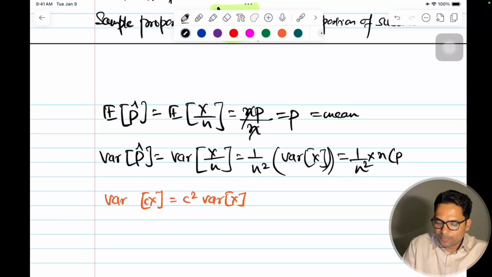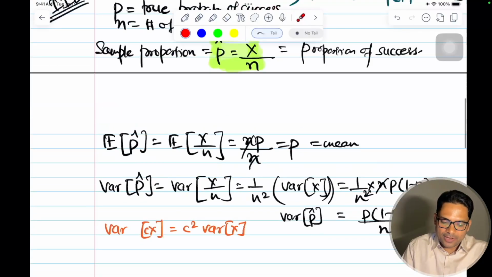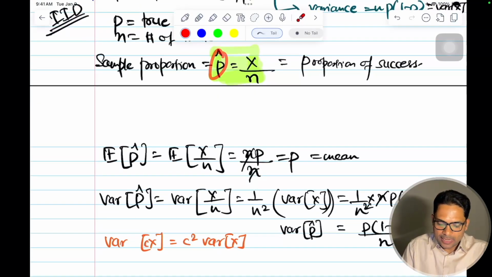So 1 by n square times n times p, 1 minus p. This n and this square get cancelled. So this is equal to p into 1 minus p by n. So this is your variance of p hat, which is equal to variance of x by n. Same. So now we have got the expected value of our sample proportion and the variance also.